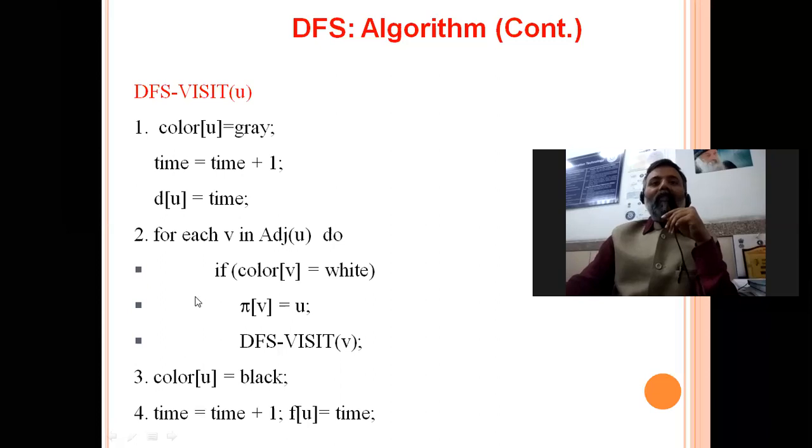And when the DFS visit function has been called for all the adjacent nodes that are white, its task has been finished. Then we will set the color of that node as black, increment the time variable and set the finish time.